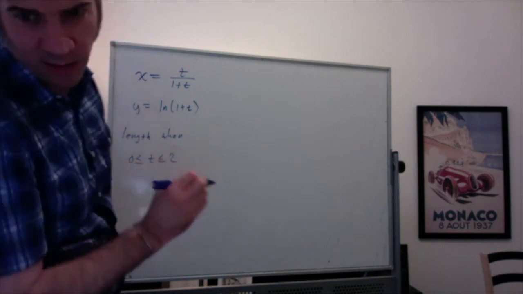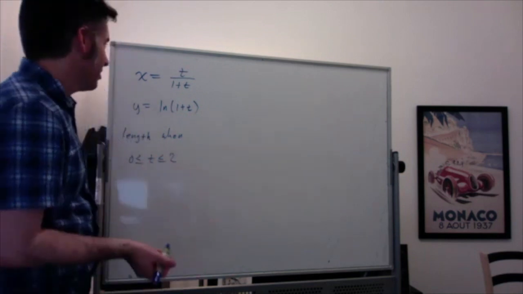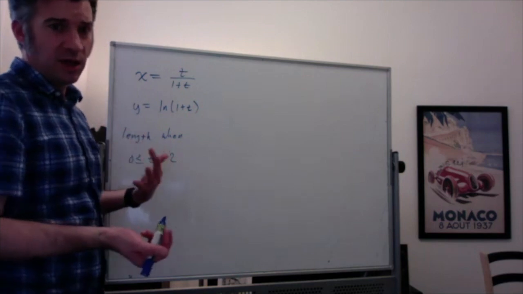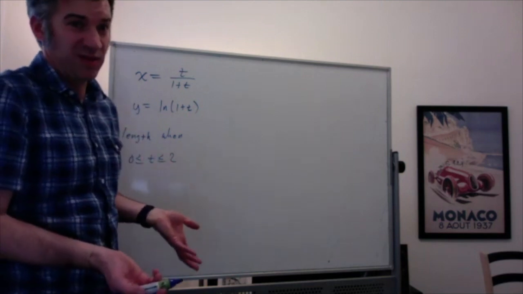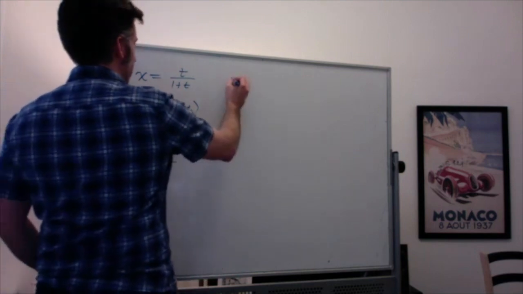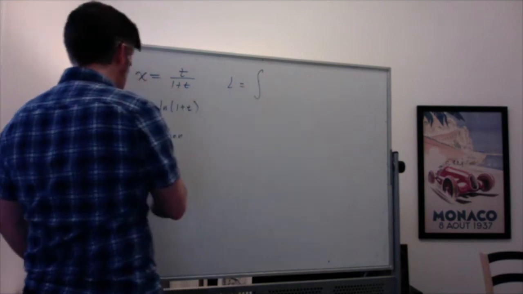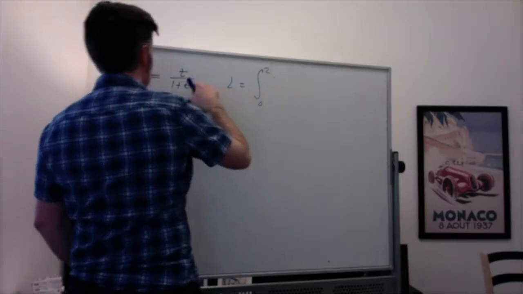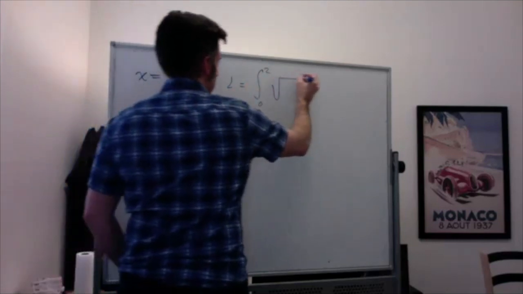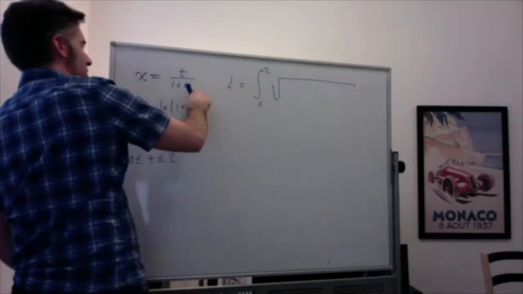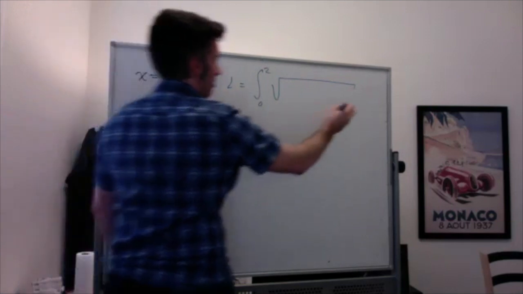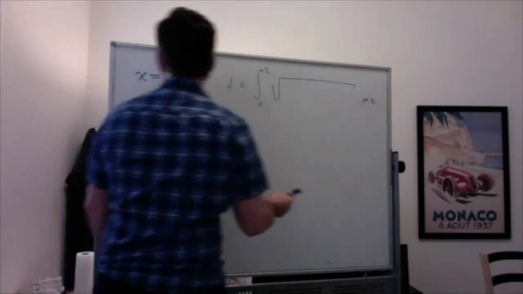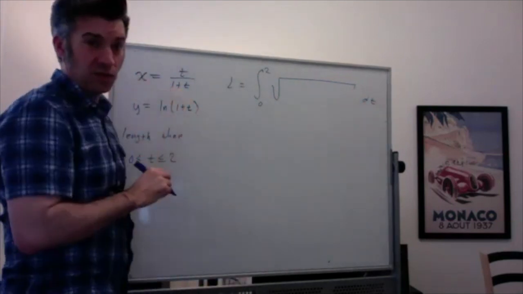Right? Okay, so the nice thing about these parametric lengths is the setup is always kind of the same. The length is going to be equal to the integral from 0 to 2 of the square root of the derivative of this squared plus the derivative of this squared. So for the derivative of this, we have to use the quotient rule.